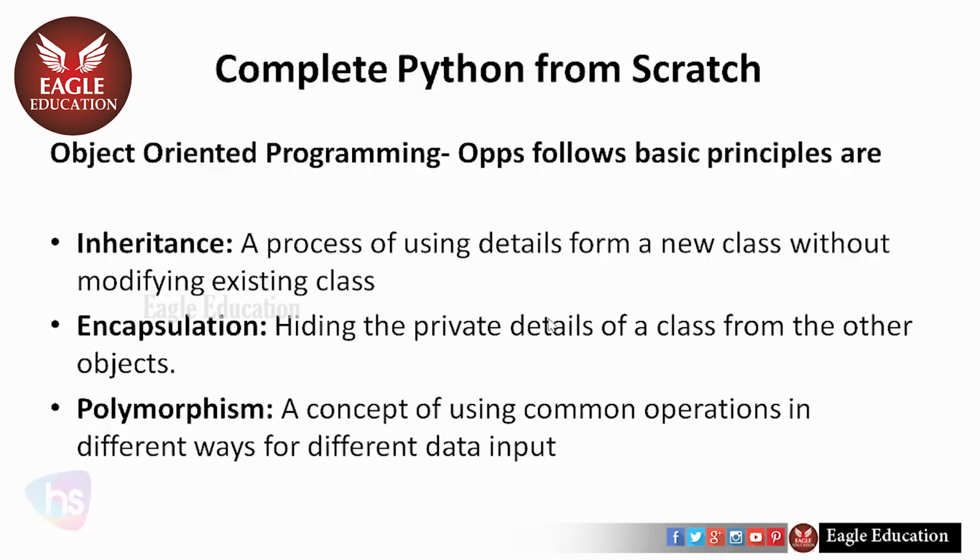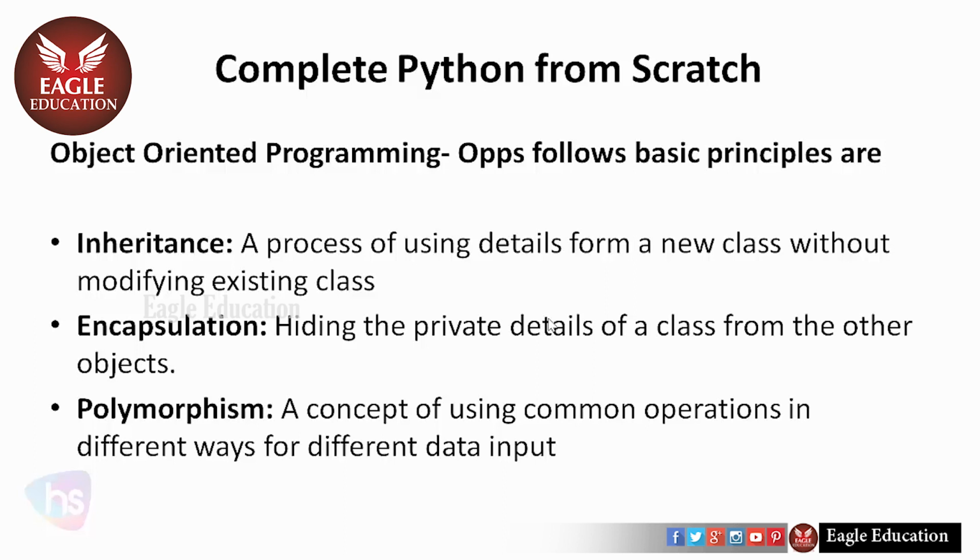And polymorphism: a concept of using common operations in different ways for different data types. We pass data of different types to a common function or method, changing the data and calling the same method from different angles.